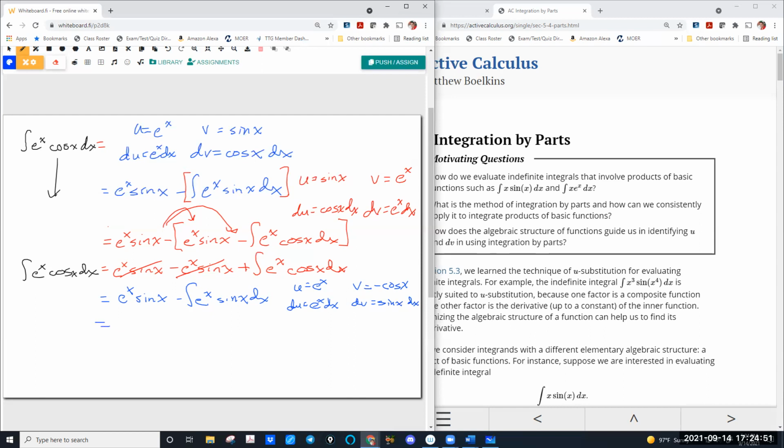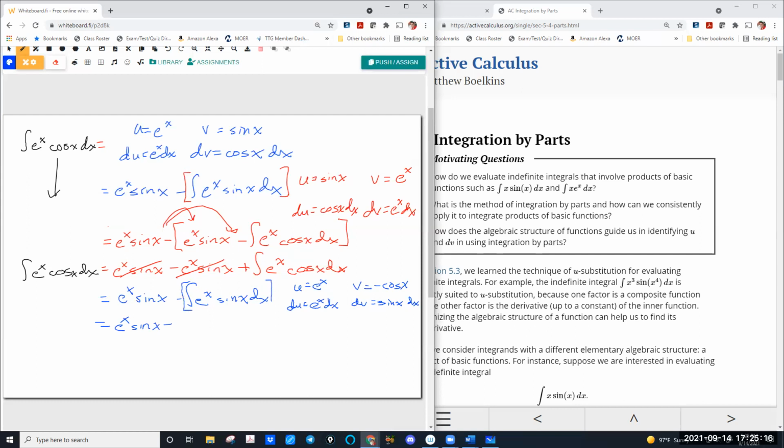Let's put this back together with our integration by parts. The e to the x sine x we know is already done, minus. Sorry, guys. Didn't really leave myself enough room to plus that minus.